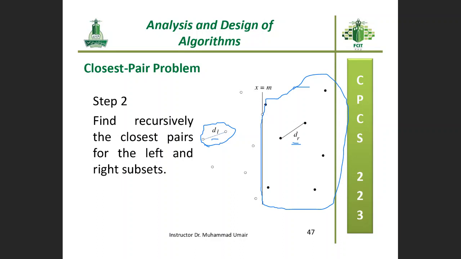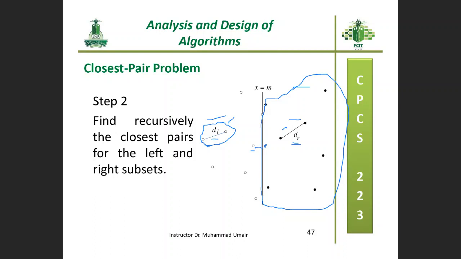But what will happen if a point on the left side is closest to a point on the right side? The distance between these 2 points is smaller than both of them. Then what do you have to do? It means just comparing dl with dr will not give you an answer. Is that clear?